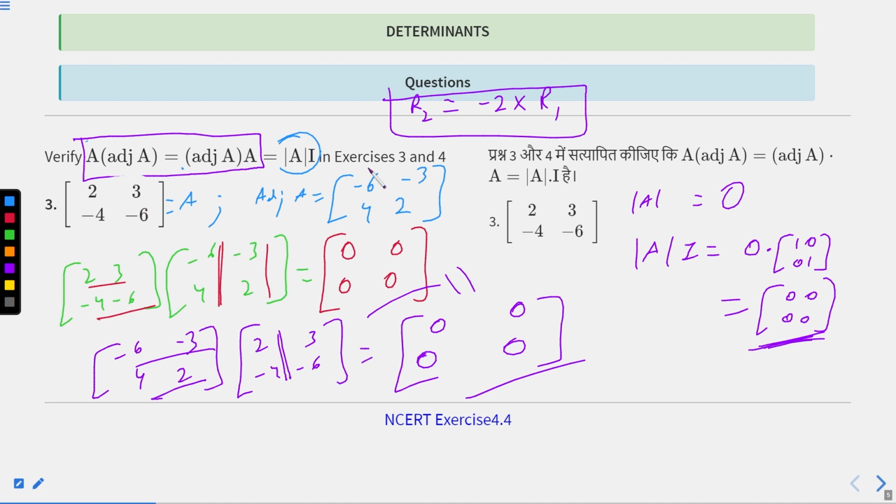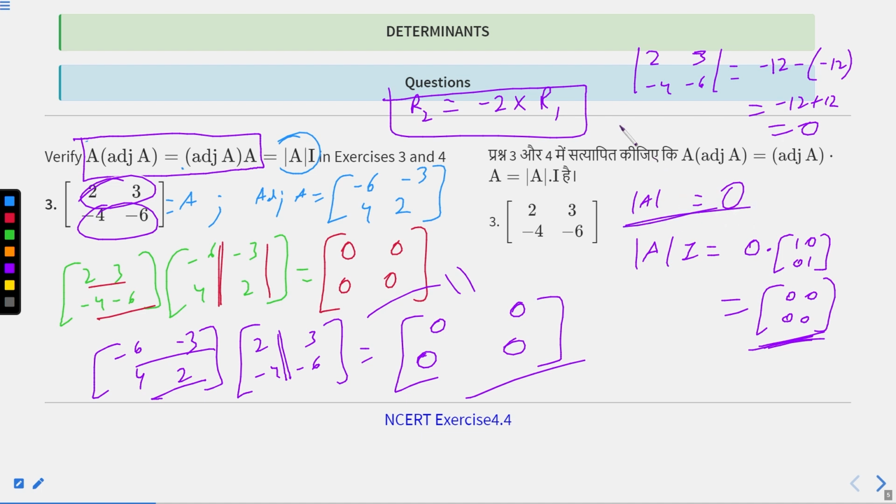Or if you want to directly evaluate the determinant of this matrix, you will find that minus 12 minus of minus 12 will give you minus 12 plus 12, which means 0. Or if you know the property, you can directly say that it is 0. What property am I talking about? Whenever in a matrix you find any row is a multiple of another row, or any column is a multiple of another column, then the determinant will be 0.